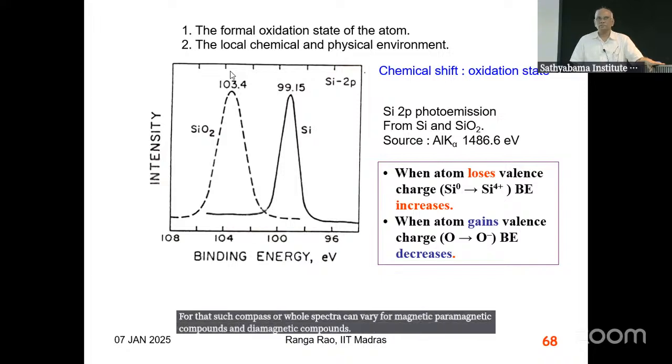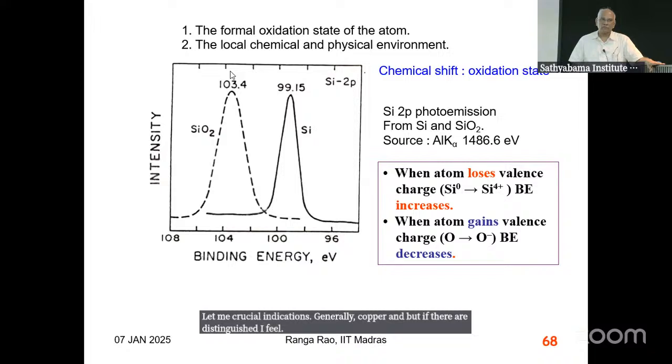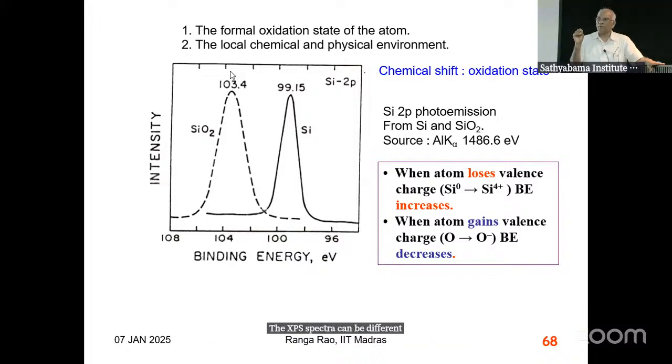Yes, if they are structurally different, then it will show indications. Generally, for copper, it cannot distinguish, I feel, diamagnetic and paramagnetic. The XPS spectra can be different based on your complexes. Yes.